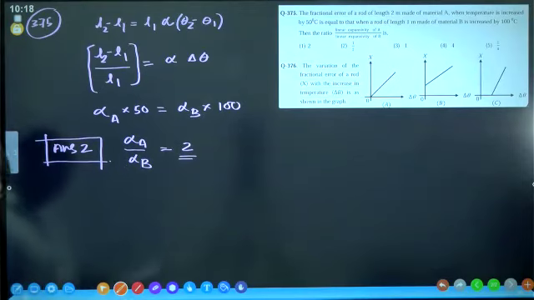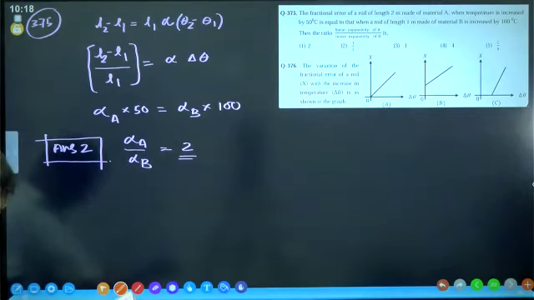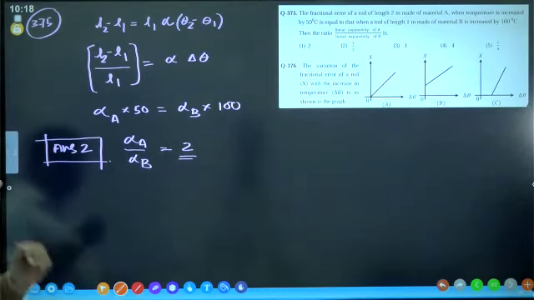376. The variation of fractional error of rod X with the increase in temperature delta theta is shown in the graph.